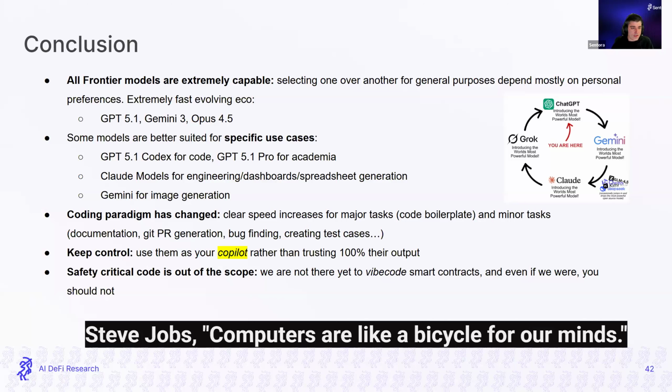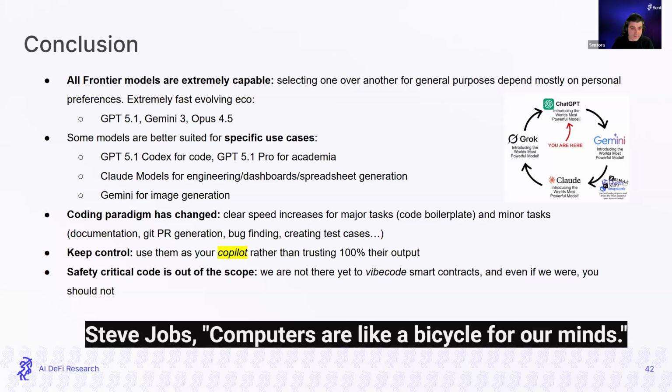Claude models really excel at anything related to engineering, creating dashboards, even generation of spreadsheets, which is one of the latest features they added and is very helpful. Gemini is an all-rounder, usually a cheaper model. Lately, it's been the best for image generation, which we didn't cover much in this presentation, but overall it's very solid as well.